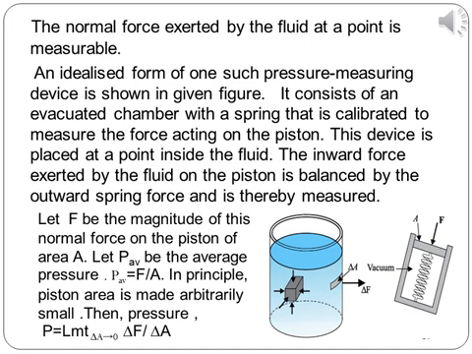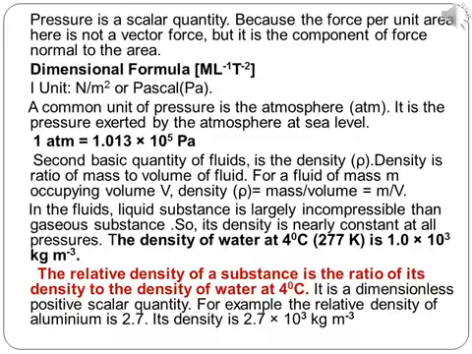In principle, the piston area can be made arbitrarily small. Then what should be the pressure? It is P = lim ΔA→0 ΔF/ΔA. Here we have used the limiting condition as ΔA approaches 0.